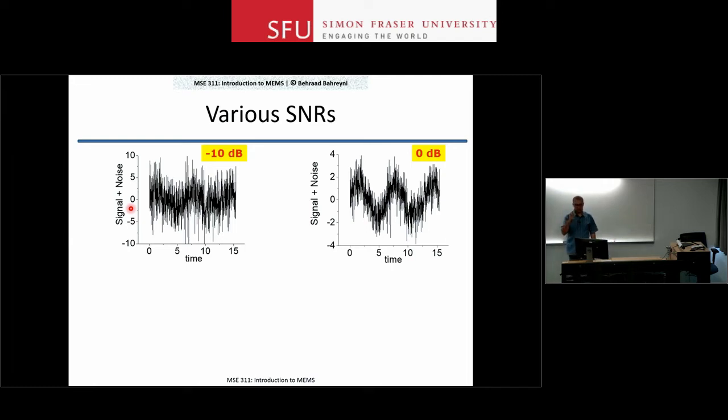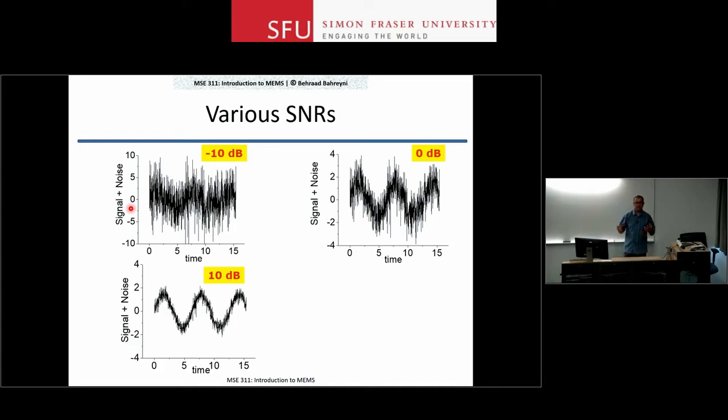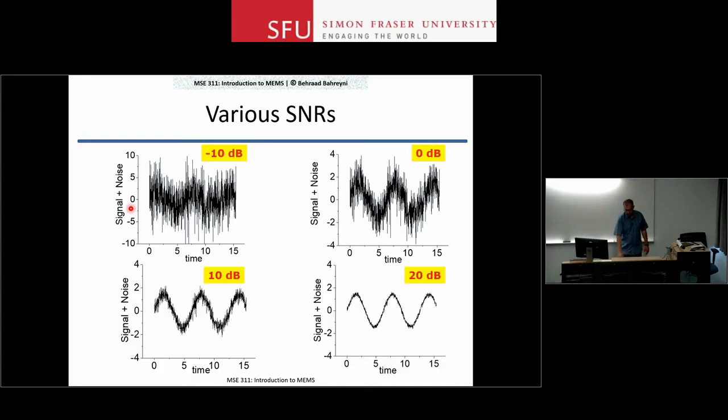You can start to see some information is embedded there. 10 dB, it's easier now, and then 20 dB and so on. Larger values, you basically have almost no problem with noise. If the noise power is 10 times less than your signal power or 100 times less, you can focus on what the signal is telling you.